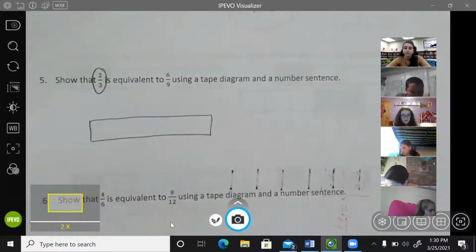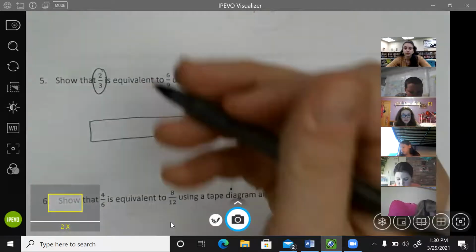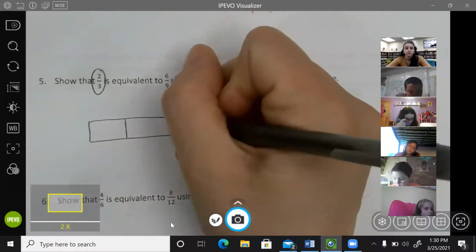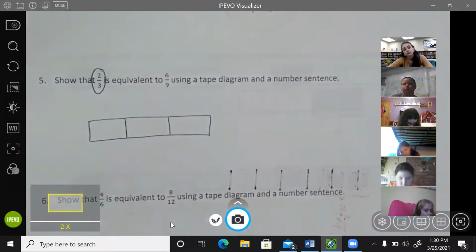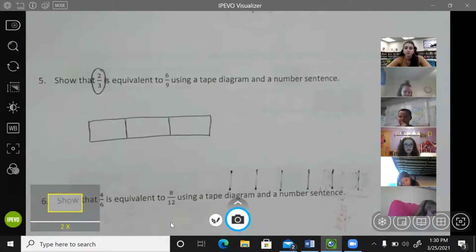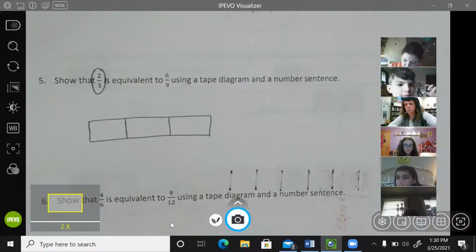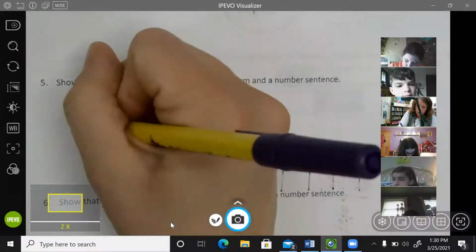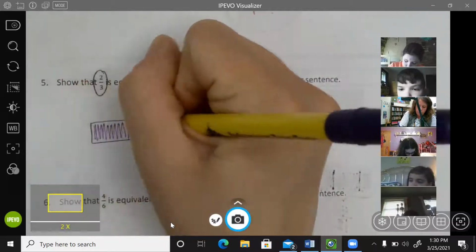Draw 2 lines to make 3 equal spaces. There you go. Can't just put them anywhere I want. Okay, so now I have a tape diagram with 3 boxes. Now what do I do? You shade 2 of them. Okay. What does my purple shading represent, Riley?